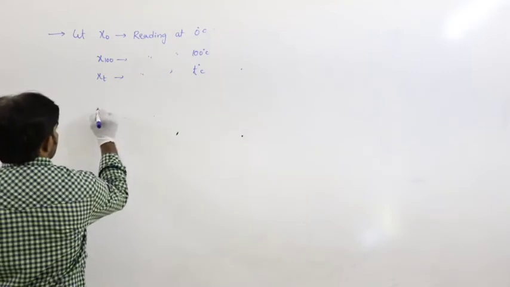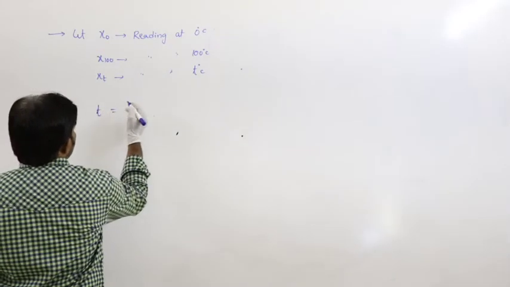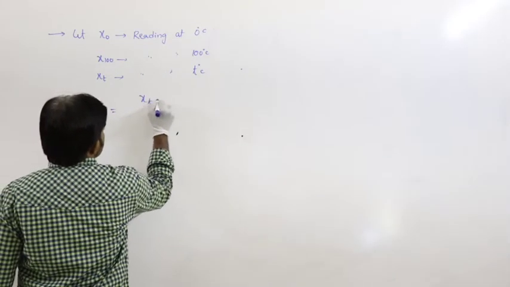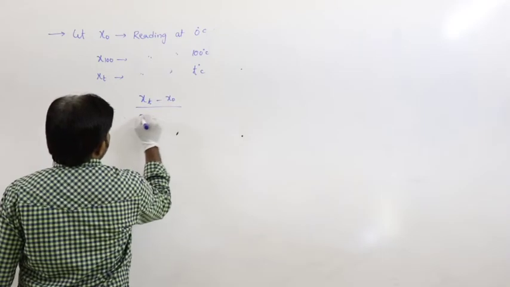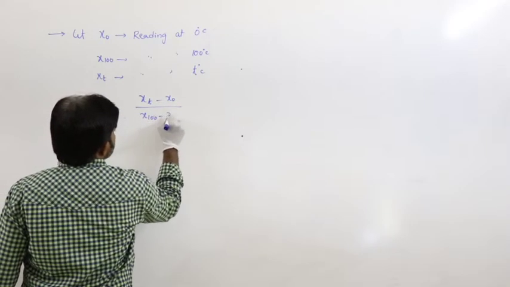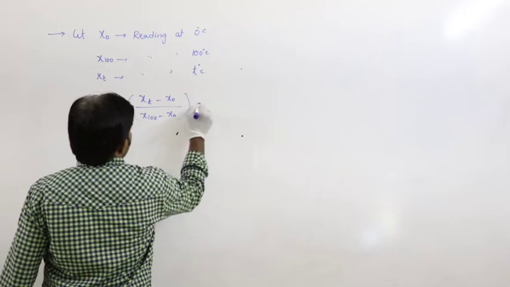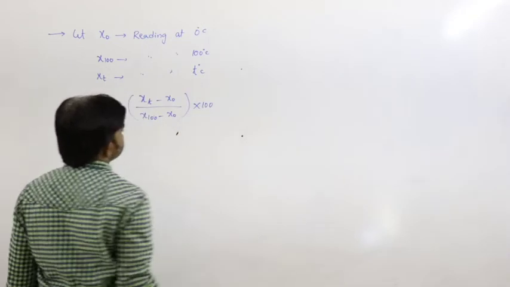Now, how can you calculate the temperature? It is xt minus x0 by x100 minus x0 into 100.